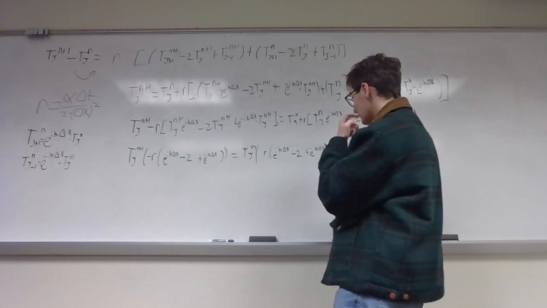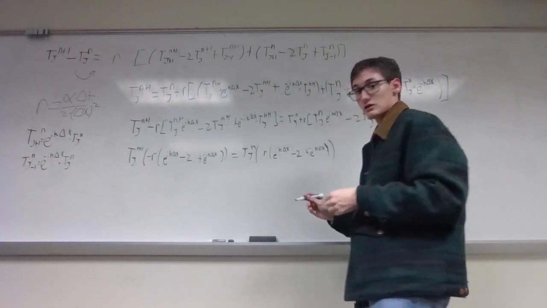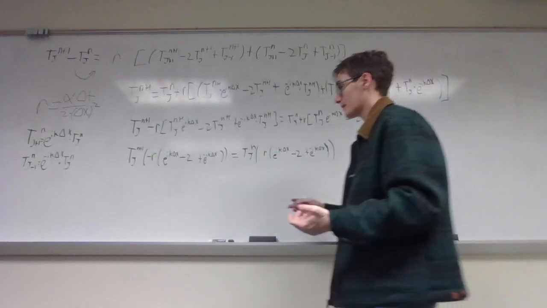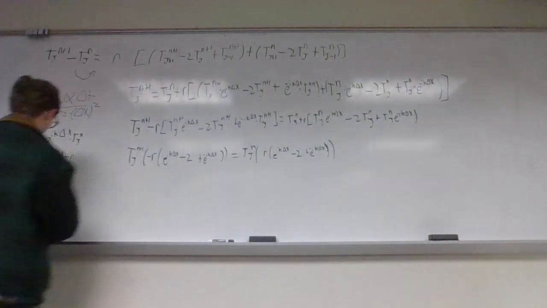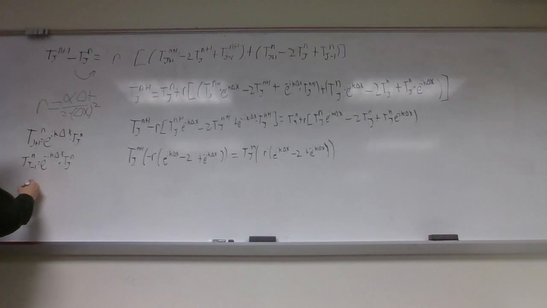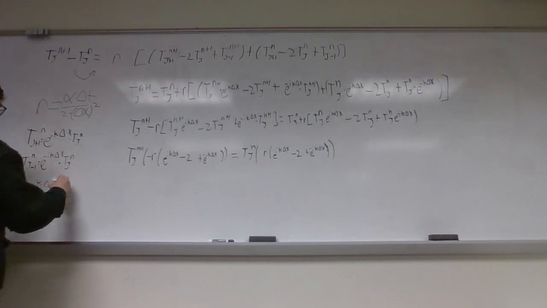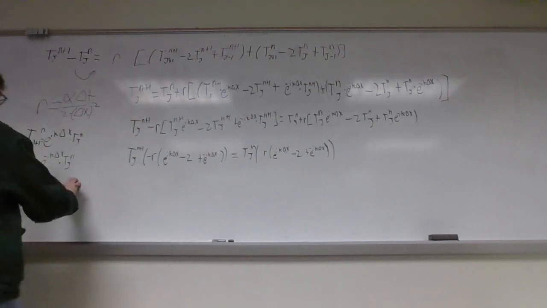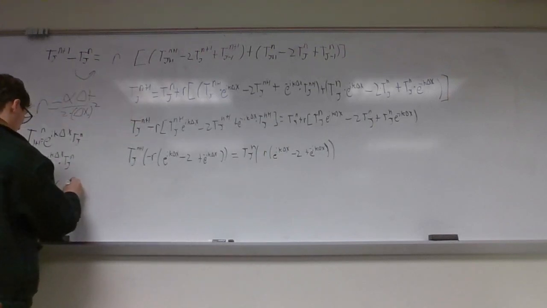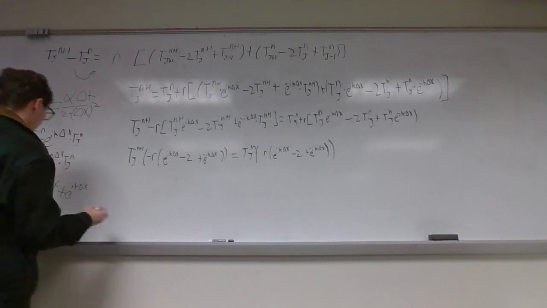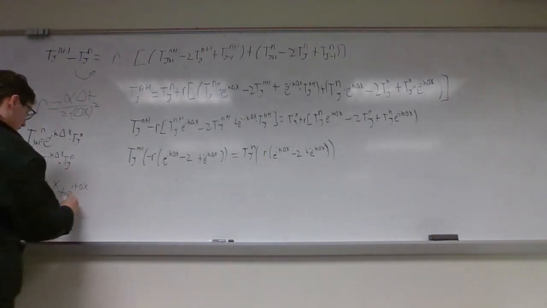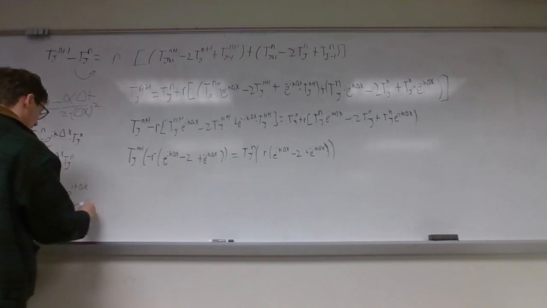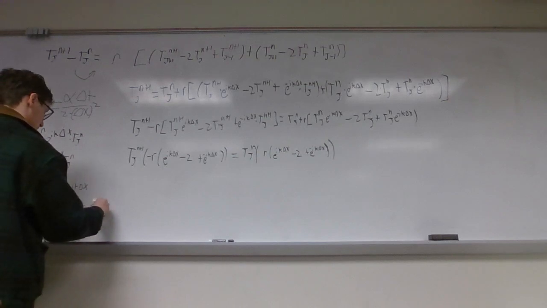And something to remember, much like last time we did this, is that if we have e to the negative I k delta x plus e to the positive I k delta x, we actually end up getting equals 2 cosine k delta x.